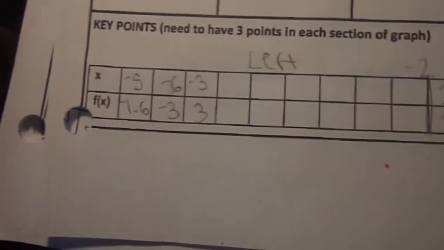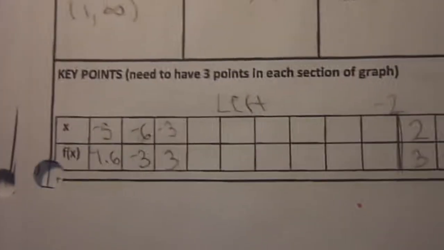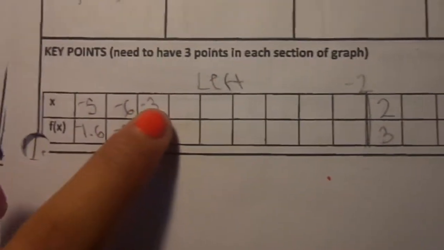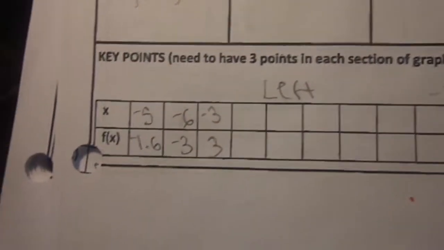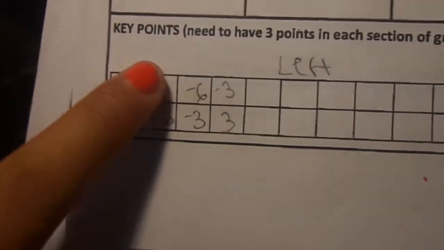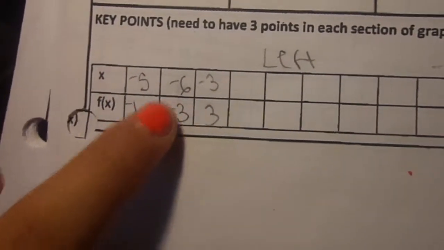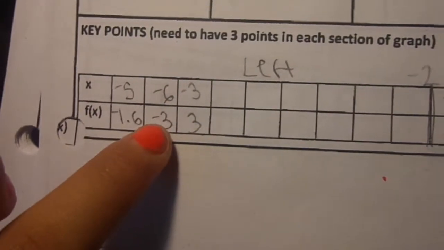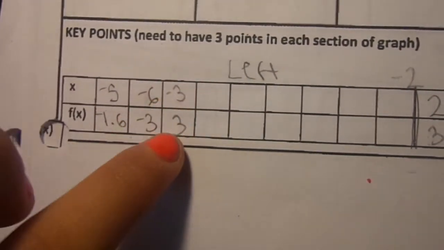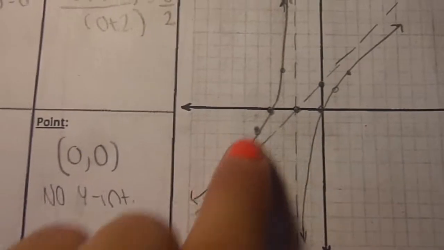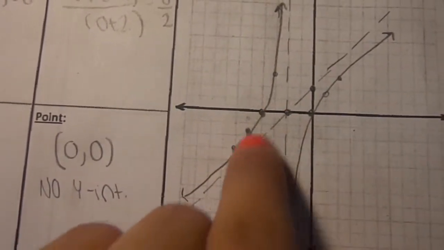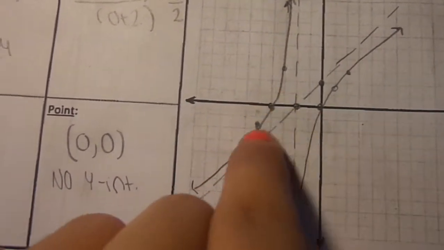So if I plug into the equation -5, -6, and -3 for the x value, my y ends up being, for -5, -1.6, for -6, -3, for -3, my y ends up being 3. So I plugged in those points, this being my x and this being my y, and I plotted them right around here.